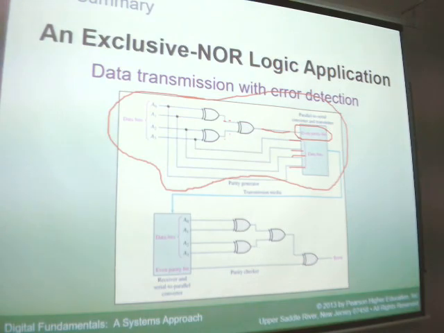For this input, 0 XOR 0 equals 0, right? 0 XOR 0 equals 0, so the output is 0.